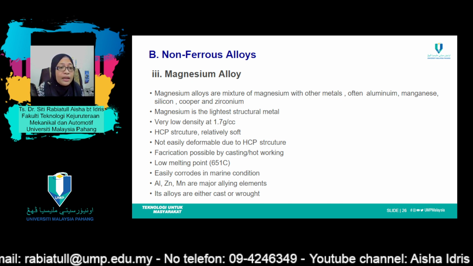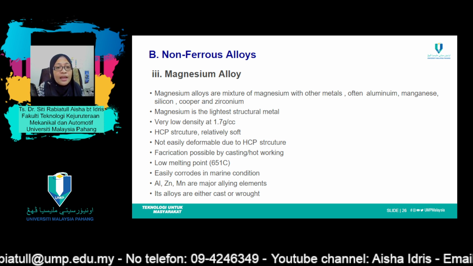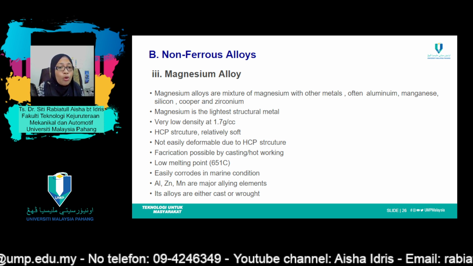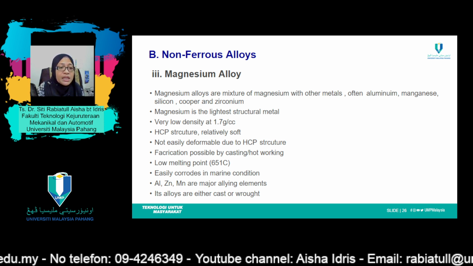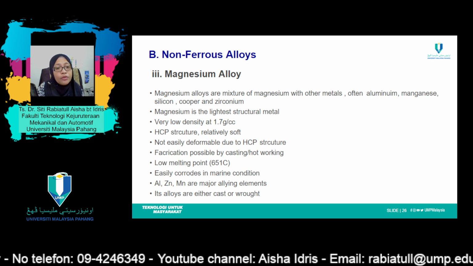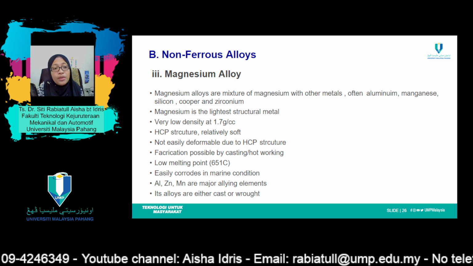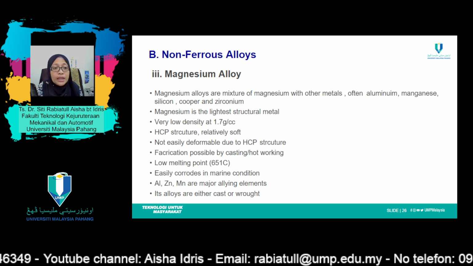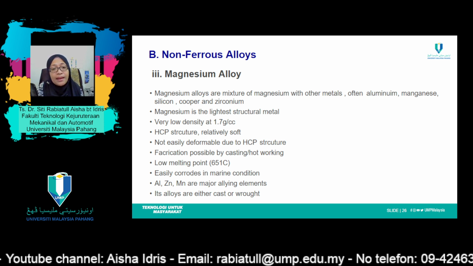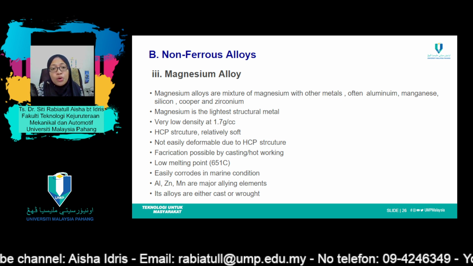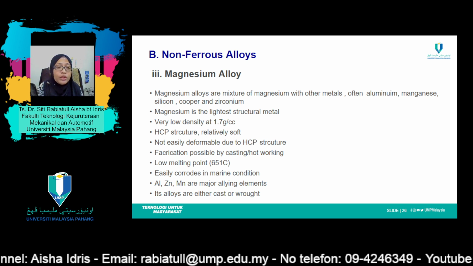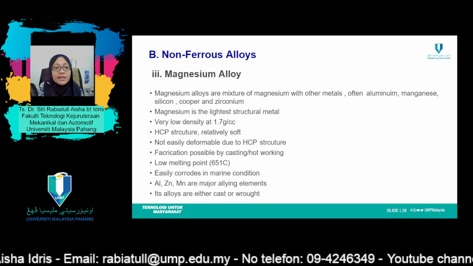It is relatively soft and has a low elastic modulus. At room temperature, magnesium and its alloys are difficult to deform. In fact, only a small degree of cold work may be imposed without annealing. Consequently, most fabrication is by casting or hot working at temperatures between 200 to 250 degrees C.